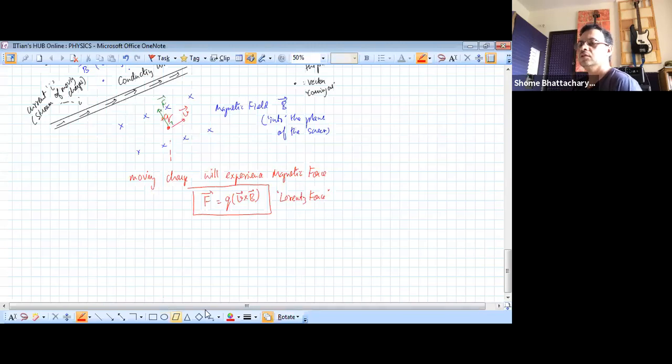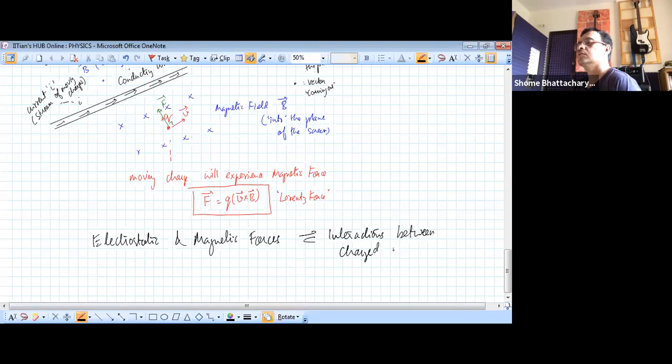So cumulatively, electrostatic and magnetic forces together are called electromagnetic forces. They are nothing but the interaction between charged particles or bodies, and they are collectively called electromagnetic forces.